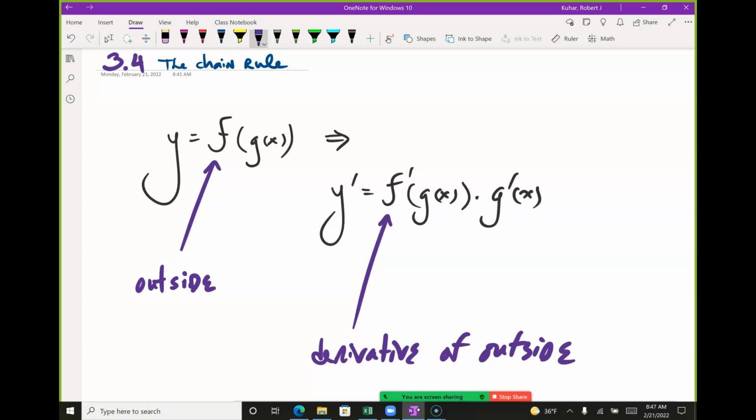Notice that I'm composing with g of x, right? In both, right? So this is my inside function, and this is still the inside function, right? But then finally we have the product, right, of the derivative of the inside.